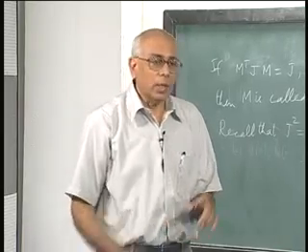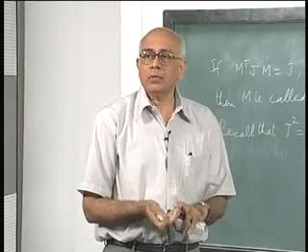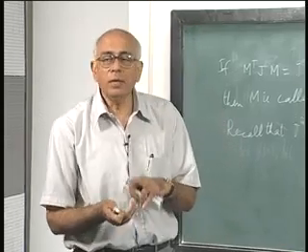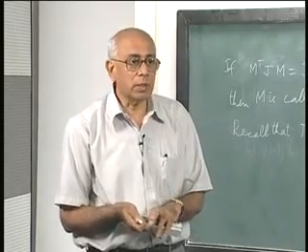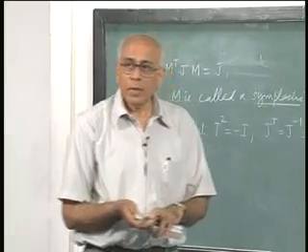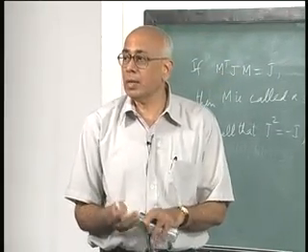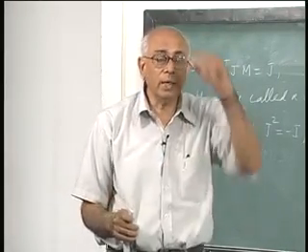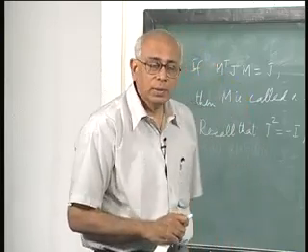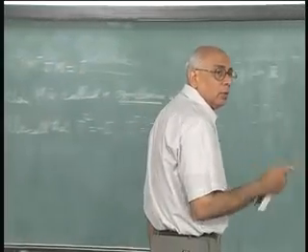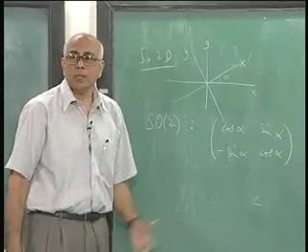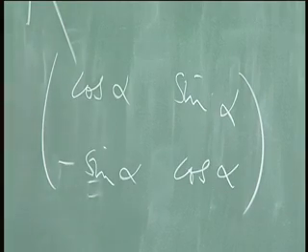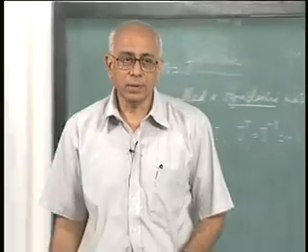So a linear homogeneous transformation which leaves the origin unchanged is a rotation. It must have determinant plus 1, otherwise the axes get flipped, the handedness gets flipped. So a linear homogeneous transformation which has determinant plus 1, it is called unimodular, is what a rotation is.